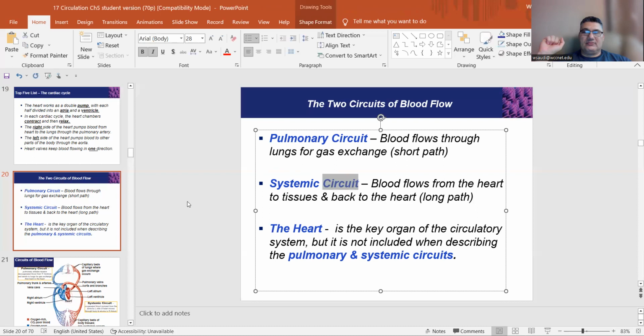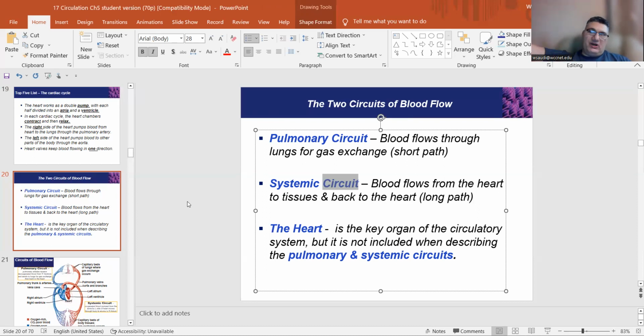One more time. Blood in the different parts of the body, in the cells, goes back to the heart, and the blood that leaves the heart and goes to the different parts of the body, these two only, alone. I'm not saying the whole circulation. I mentioned the whole circulation, including the lung.